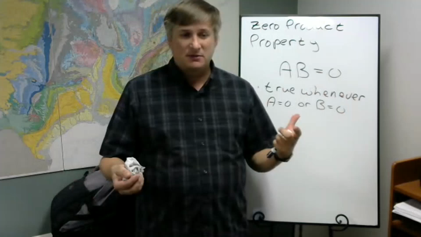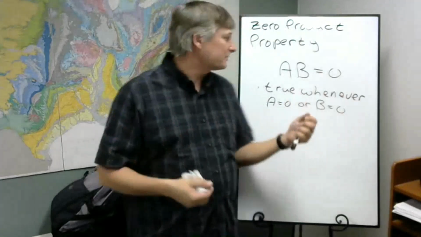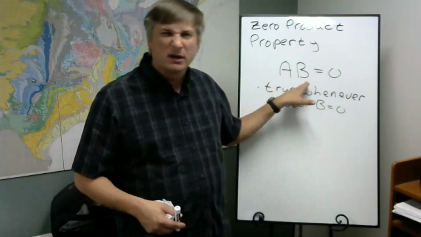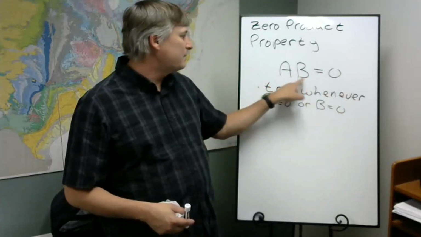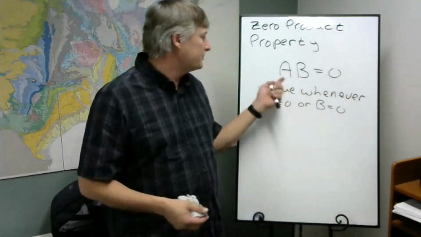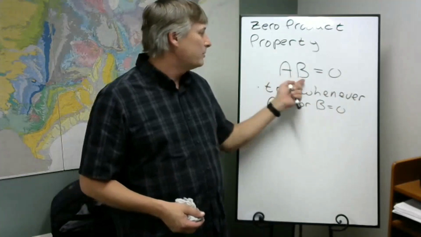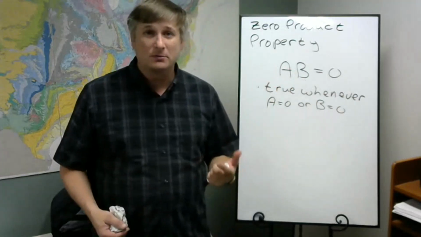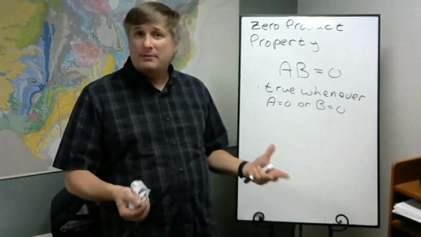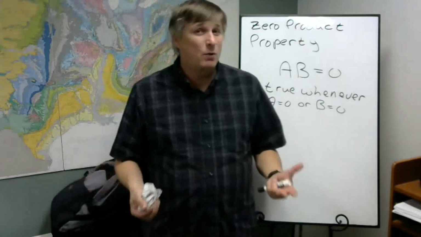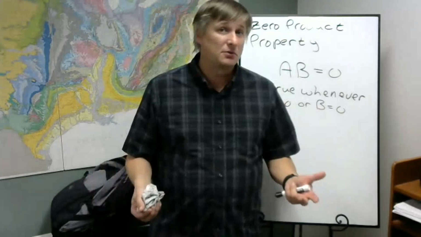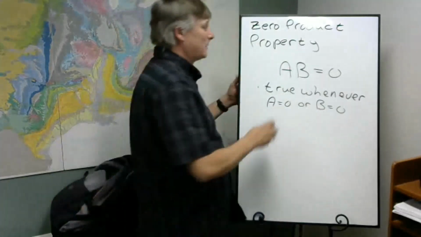Once you've got this polynomial turned into products, we'll set each of these binomials equal to 0 and find out which value of x would cause this binomial to be 0 and which value of x would cause that binomial to be 0. And then that will give us the values of x that solve the equation. What's special about these kinds of equations is we're not going to just get one value of x that can solve it. You can get 2, 3 values of x that could solve it, maybe more. So let's see how this works.